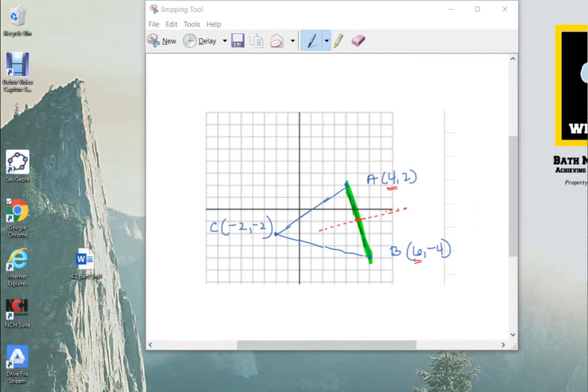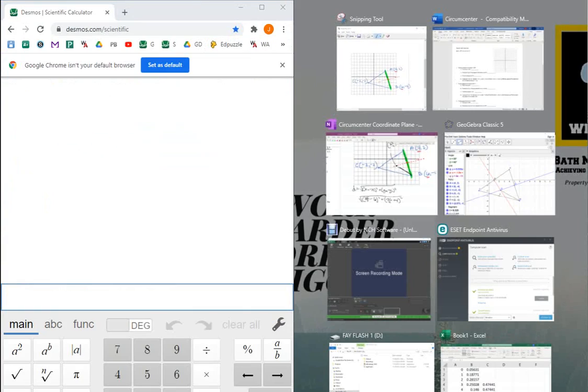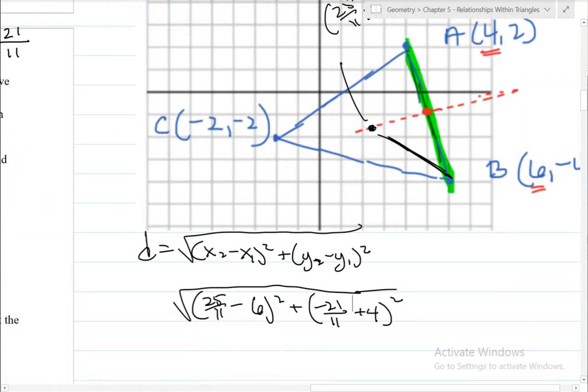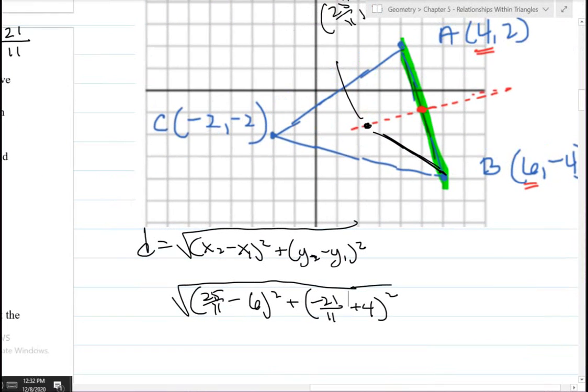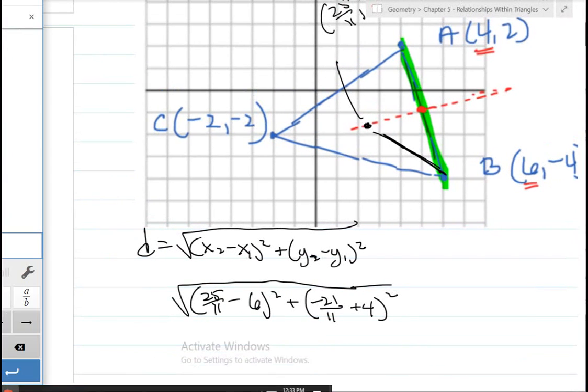But if we take these values, I could take 25/11ths minus 6, square that, add to it negative 21/11ths, which is stuff we should be able to do by hand, plus 4, square that.